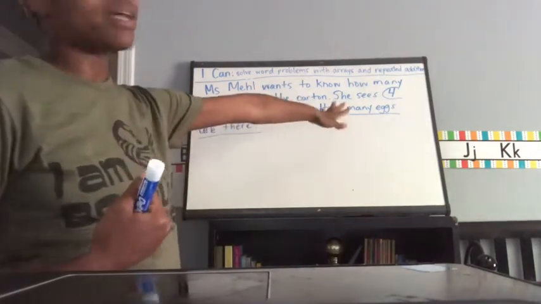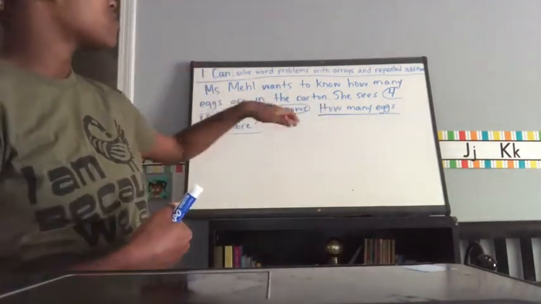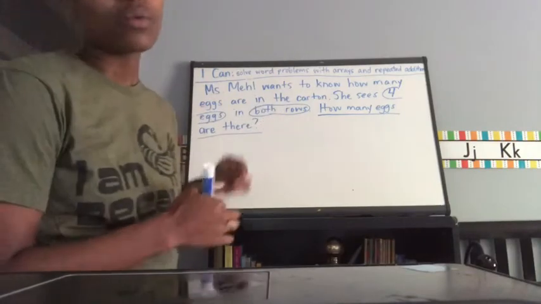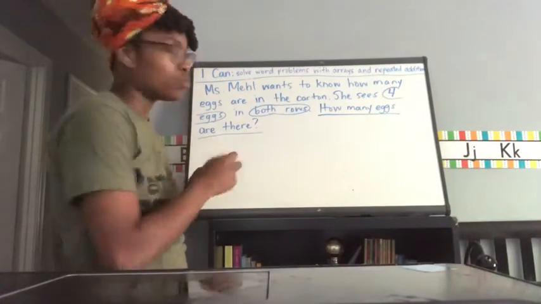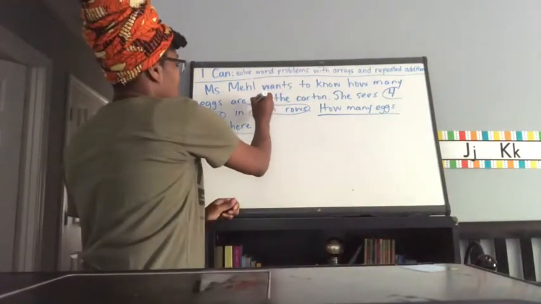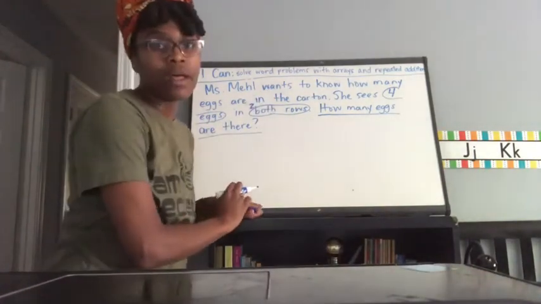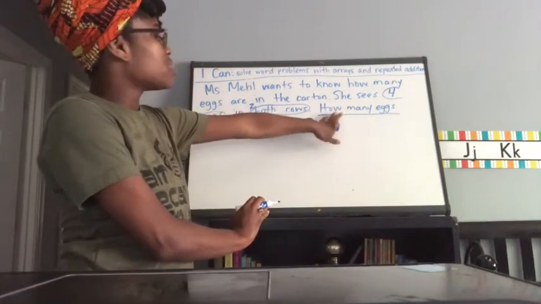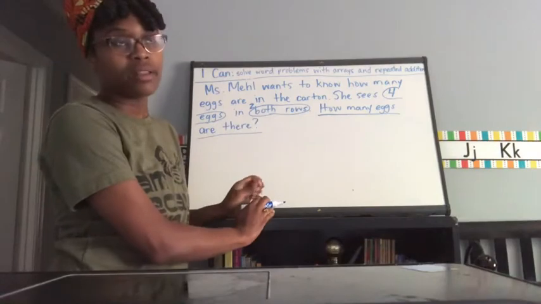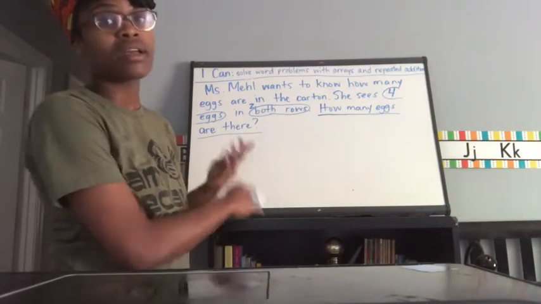So not only did I circle 4 eggs, but I also circled both rows. When you see that word both, remember that it means 2. So I'm even going to make a 2 right there above the word both. Okay? And I've underlined my question, how many eggs are there?